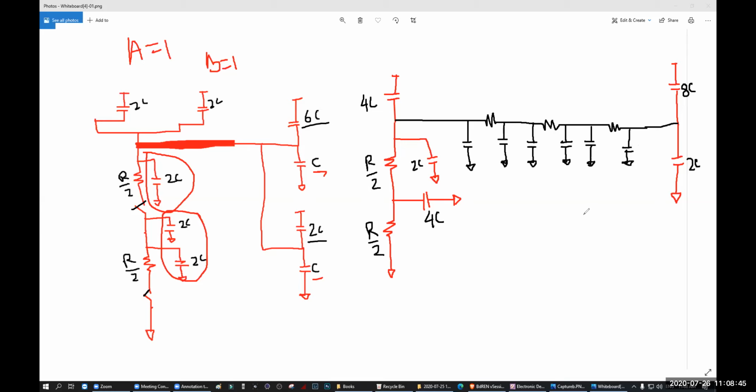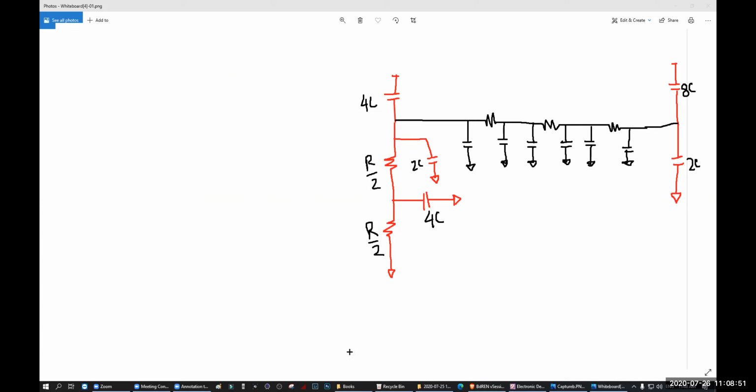Yes. Okay. Now we no longer need this part anymore. We're going to make them disappear. What we can do now, we can make them simplified. So how can we make them simplified? This 4C and this 2C, we can call them 6C, right? Yes. Because they are parallel.